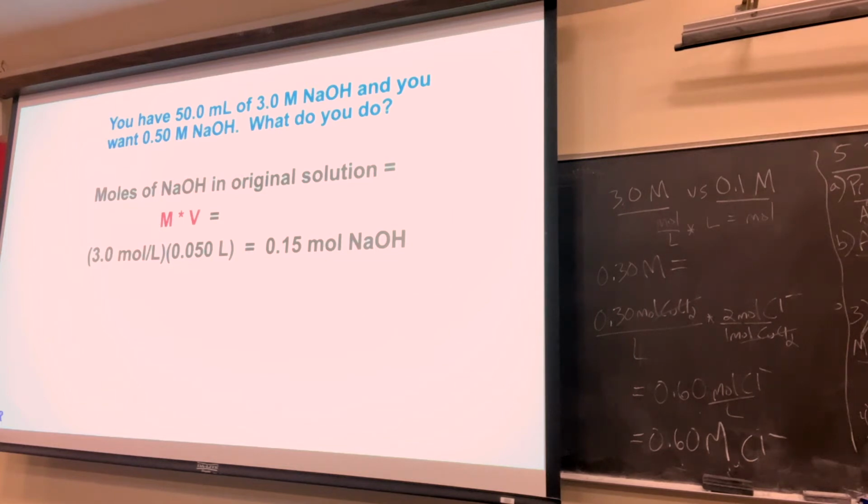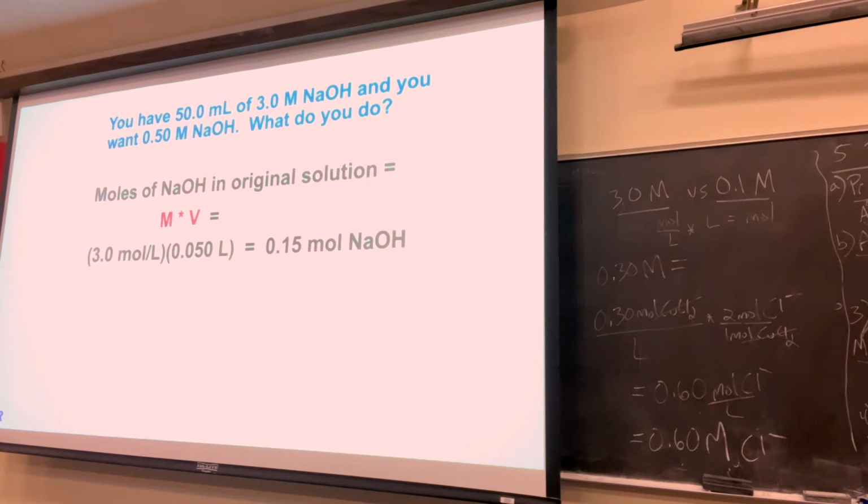We started with 50 milliliters of 3.0 moles per liter. Now I turned 50 here into 0.05, that should be 0.0500, sorry about that, liters. 50 milliliters is 0.05 liters, times 3 moles per liter. That means we're starting with 0.15 moles of NaOH.